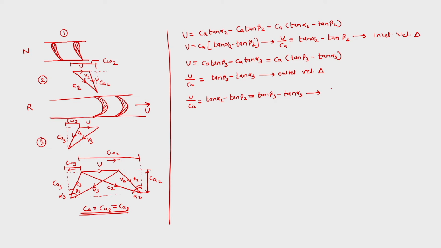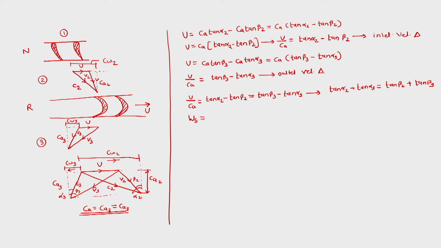So this leads to the fact that tan alpha 2 plus tan alpha 3 is equal to tan beta 2 plus tan beta 3. So this is a known, or rather famous, identity which we have obtained from the inlet and outlet velocity triangles. Now we will find out Ws, which is the shaft work or stage work for the turbine.